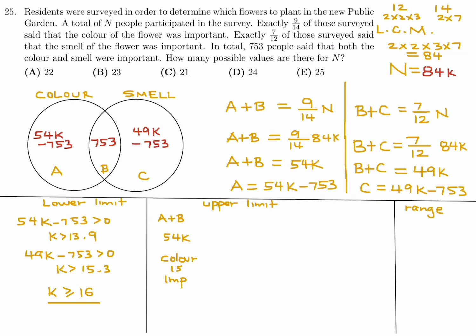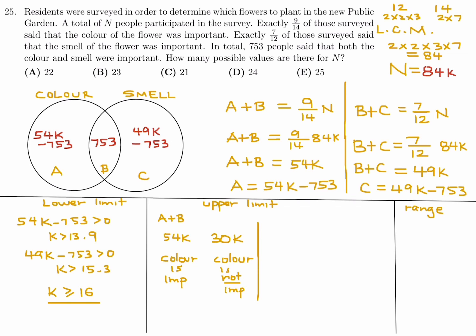So the total is 84k. 54k said the color is important. So 54k said color is important, so 30k, which is 84 minus 54, must be the people for whom color is not important. So that is the first part of this. No tricks here. That's just simple analysis of these numbers.